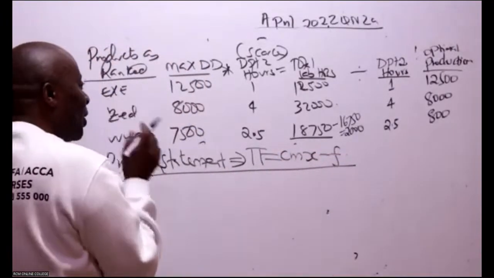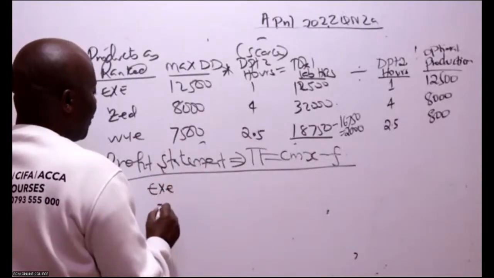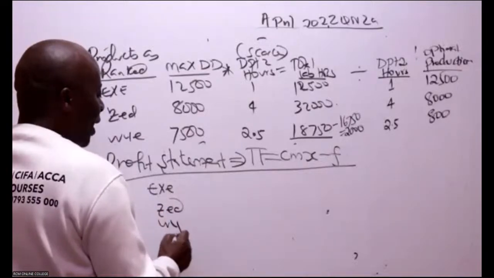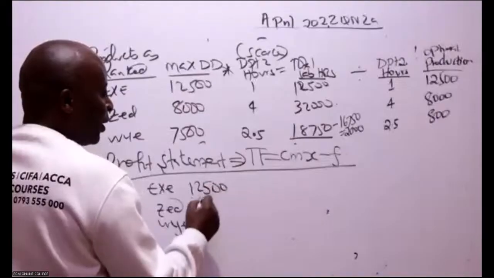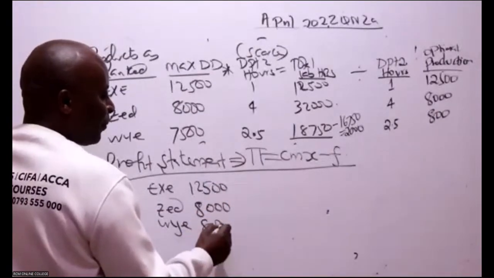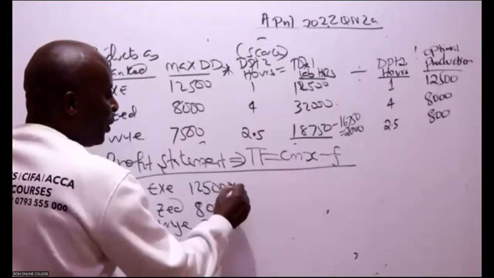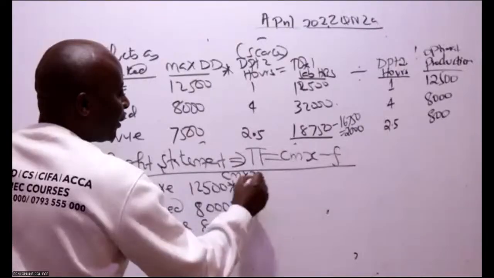And I know the products that I'm producing: I have X, I have Z, I have Y. I even know the units I'm going to produce and sell: 12,500, 8,000, and 800. So are you able to give me the contribution? I want to get CMX.